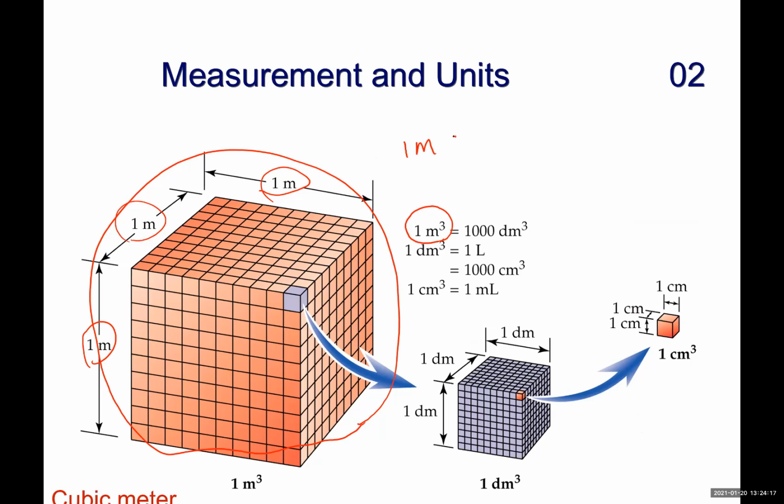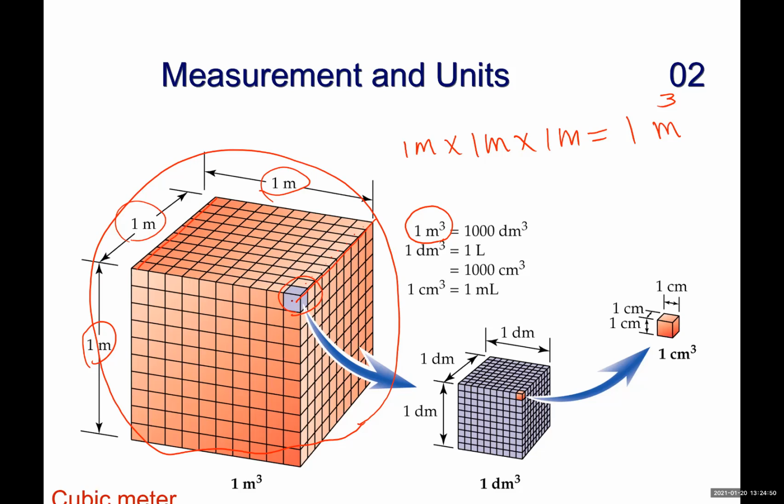So 1 meter times 1 meter times 1 meter. That's how you calculate volume of a cube. You get 1 cubic meter, right? And if you pay attention, this length is 1 meter. And if you count, you're going to see 1, 2, 3, 4, 5, 6, 7, 8, 9, 10 blue cubes.